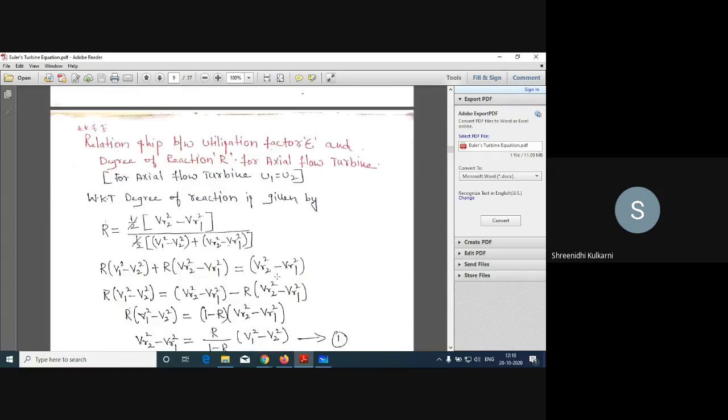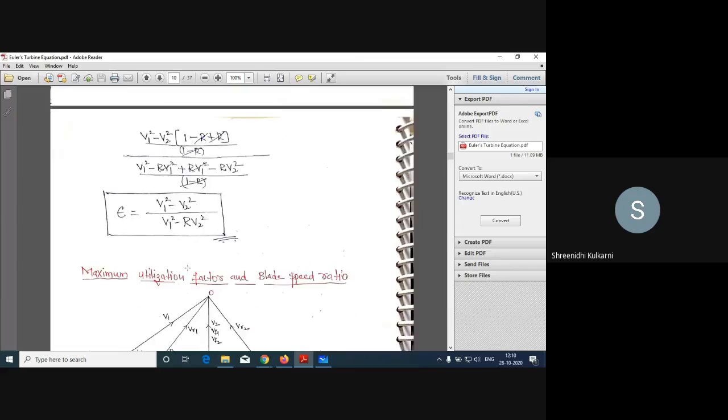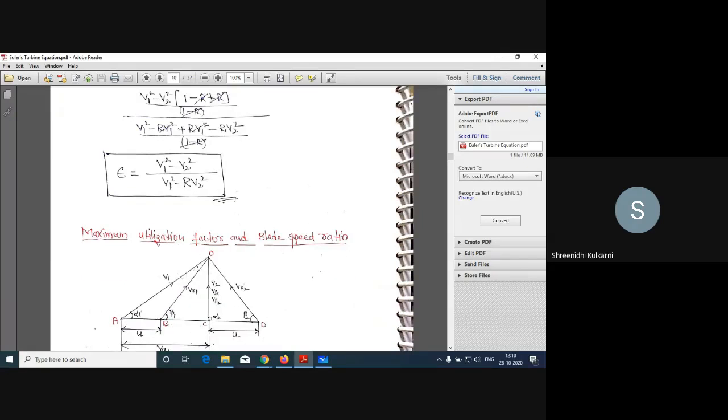Finally we get epsilon equals (V1 square minus V2 square) divided by (V1 square minus R into V2 square). This is the relationship between utilization factor epsilon and degree of reaction R. Later we have to see the maximum utilization factor and the blade speed ratio.